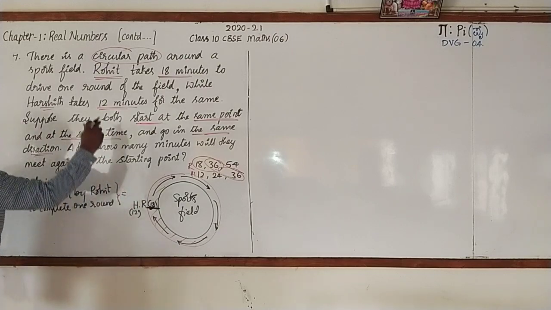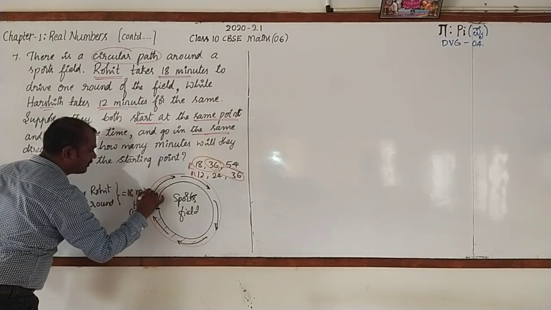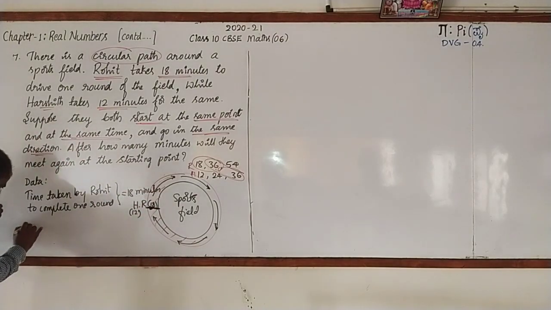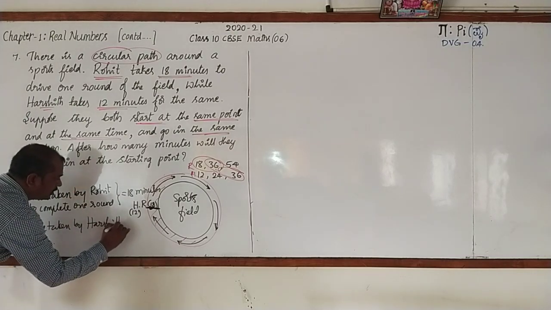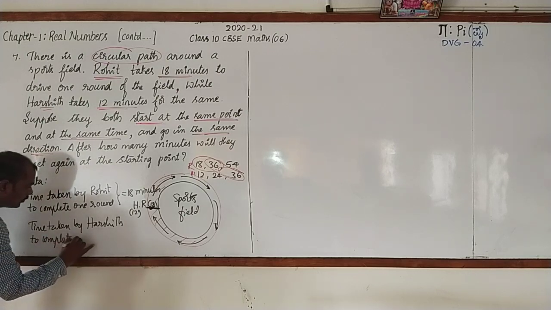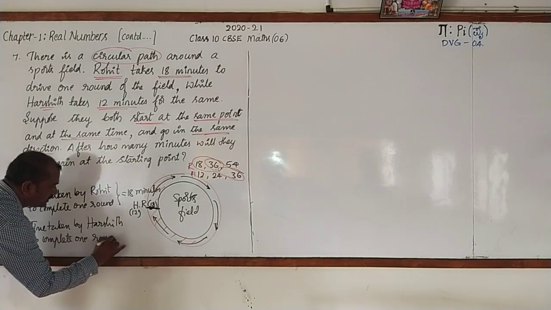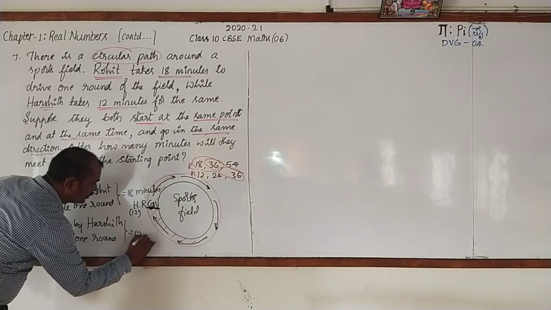It is 18 minutes. Next, the time taken by Harshit to complete one round. It is how much? It is just 12 minutes.